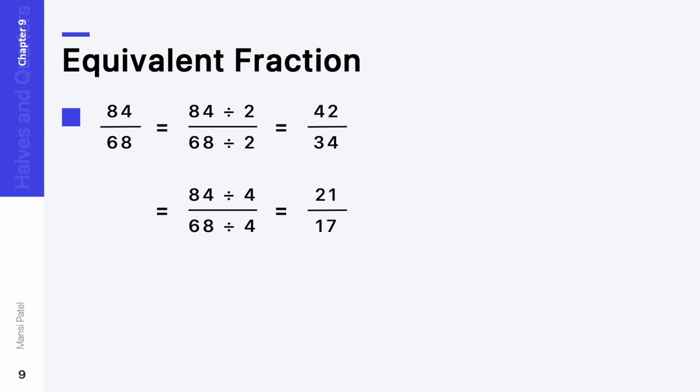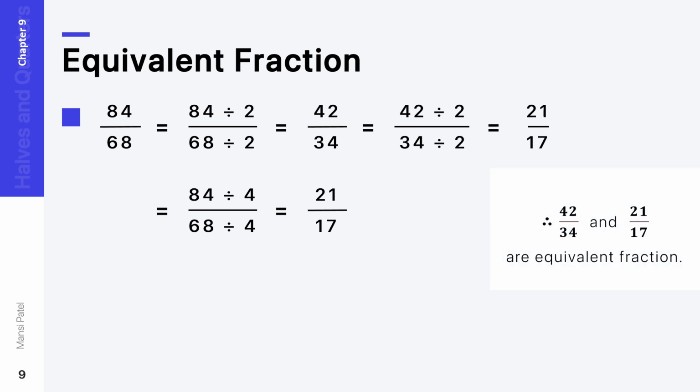Now in the first fraction, if you want to divide both numbers again by 2, you can do it. 42 divided by 2 becomes 21, and 34 divided by 2 becomes 17. So both results are the same. So we can say that 42 upon 34 and 21 upon 17 are the equivalent fractions of 84 upon 68.